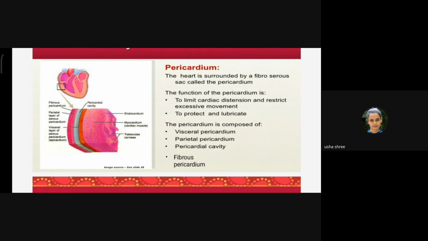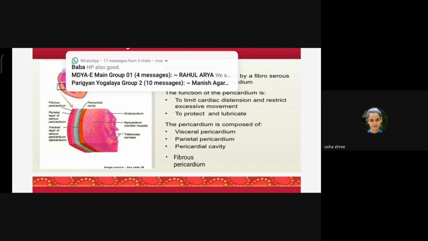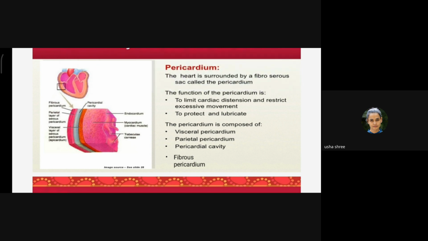Under the division of the pericardium, it is further divided into fibrous pericardium and parietal pericardium, and then the pericardial cavity is present in between the pericardium and the visceral layer or epicardium.